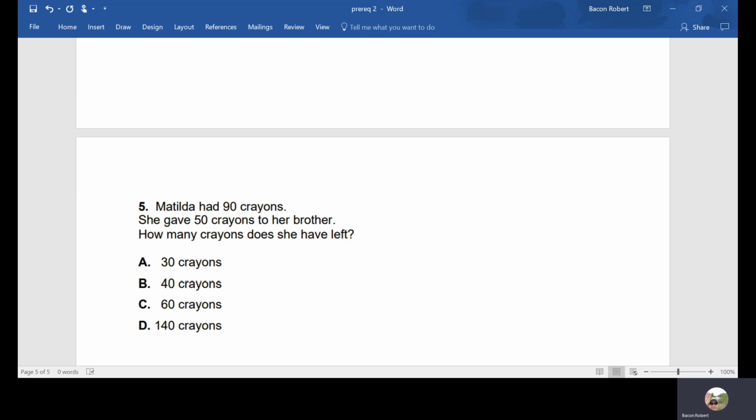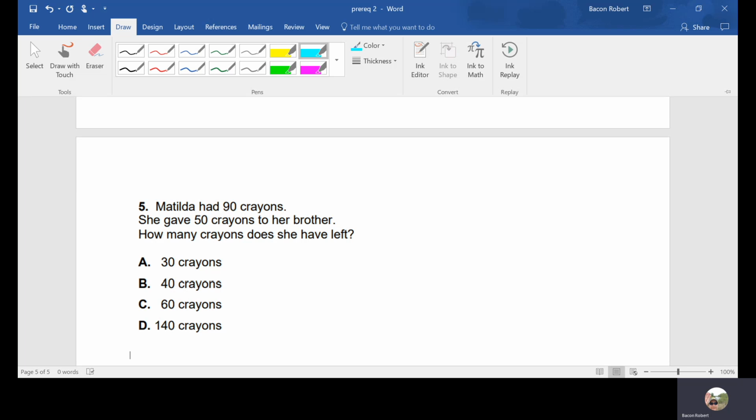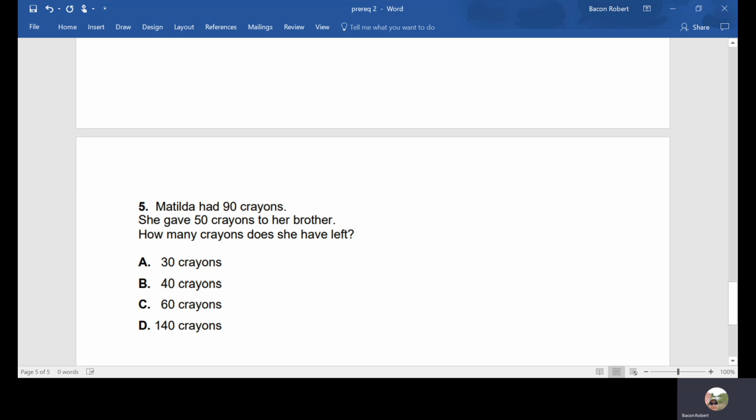Matilda had 90 crayons. That's a fun name. Matilda had 90 crayons. She gave 50 crayons to her brother. How many crayons does she have left? That's another one. She's giving away. Matilda had 90.